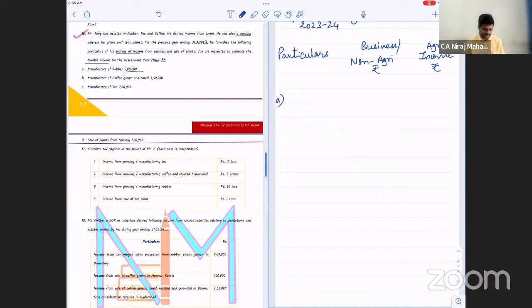First one, manufacture of rubber. What rule do you have for rubber? What's your rule number? Can you tell me? Do you remember the rule number? I want the rule number. 7A, correct.